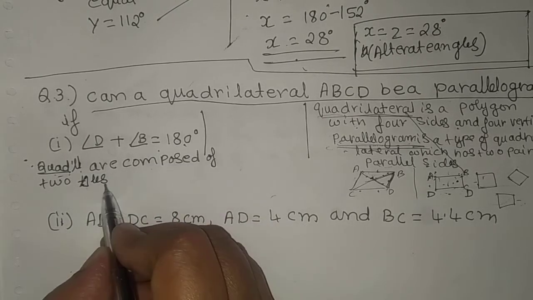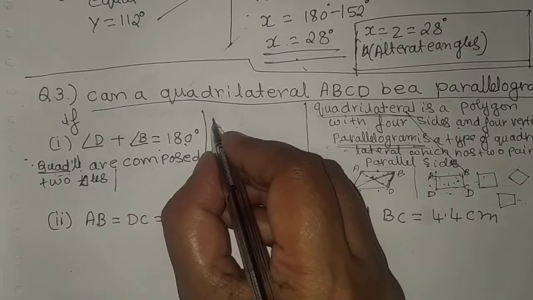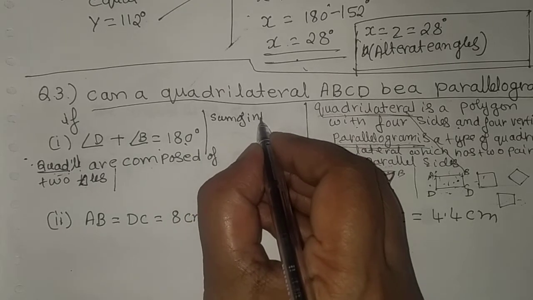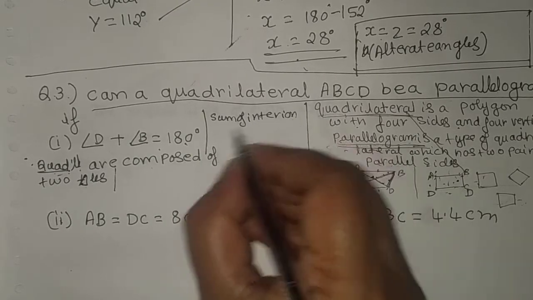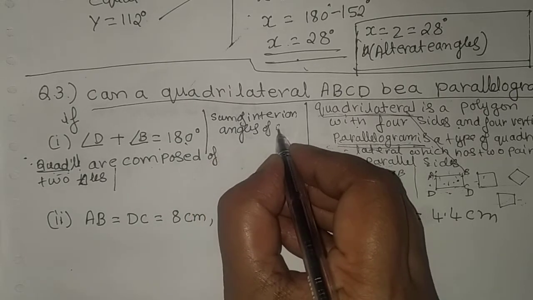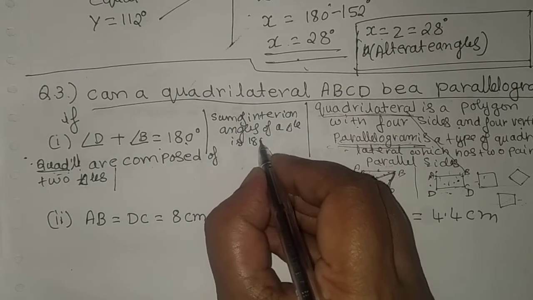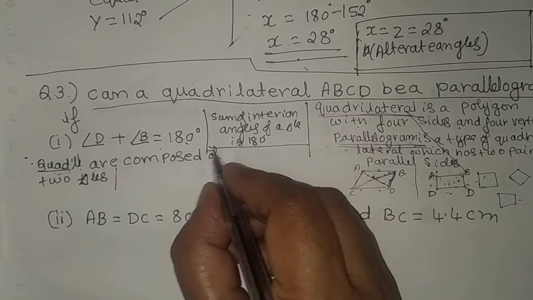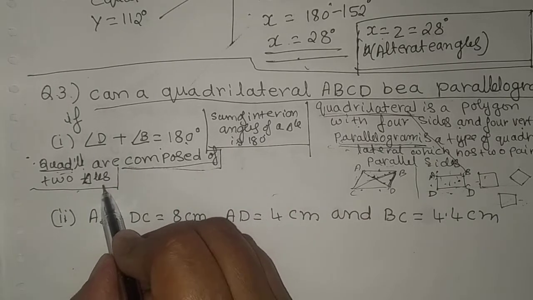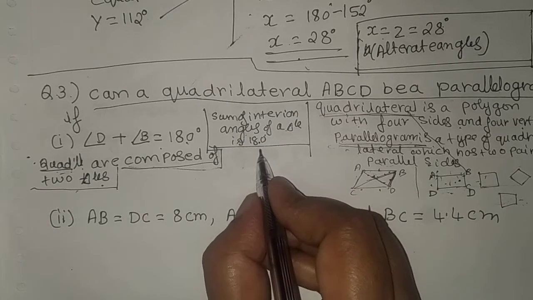Quadrilaterals are composed of 2 triangles. So the sum of interior angles of a triangle is how much? It is 180 degrees. So we wrote: a quadrilateral is composed of 2 triangles, and the sum of interior angles of a triangle is 180.